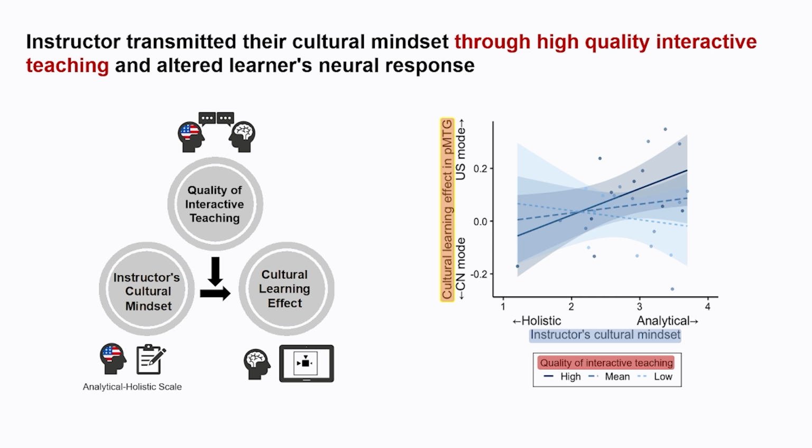And we measured the instructor's cultural mindset with the analytical holistic scale we mentioned before, and their quality of interactive teaching. And we found that only with higher quality of teaching, the more analytical the American instructor is, the stronger the cultural learning effect the learner exhibits.